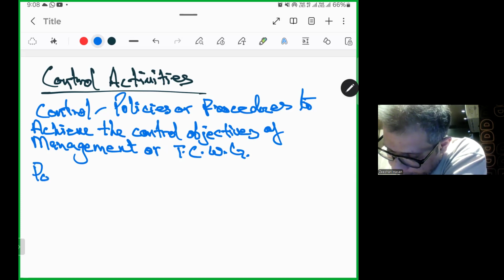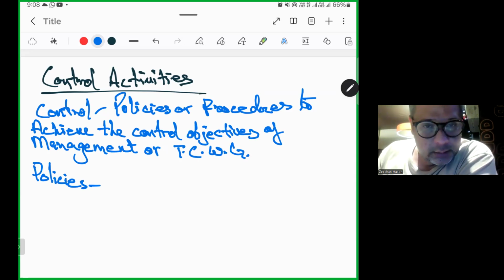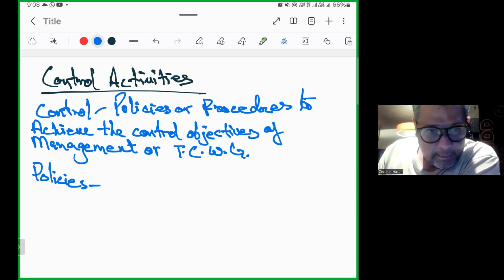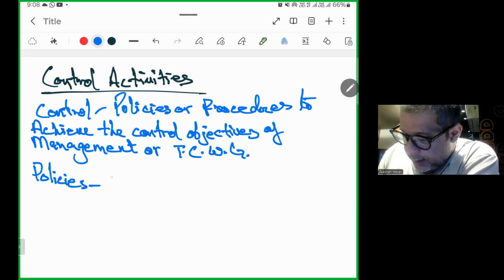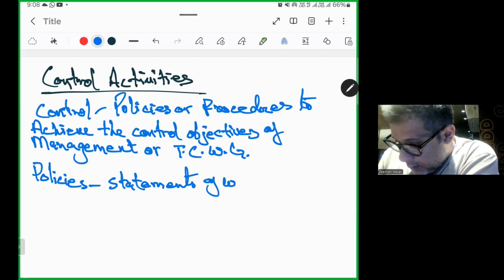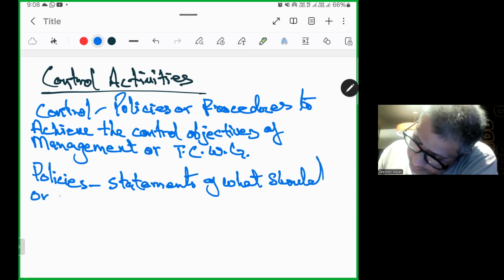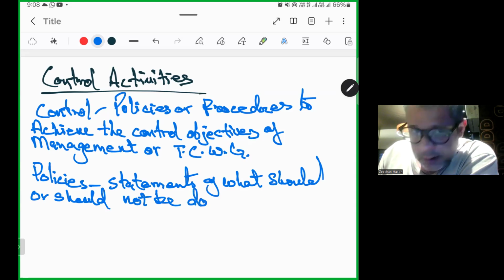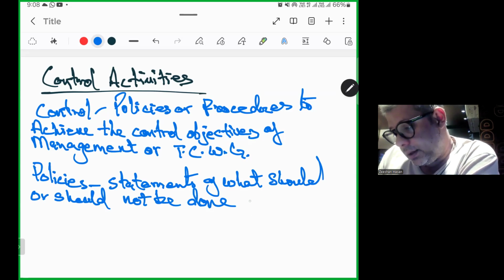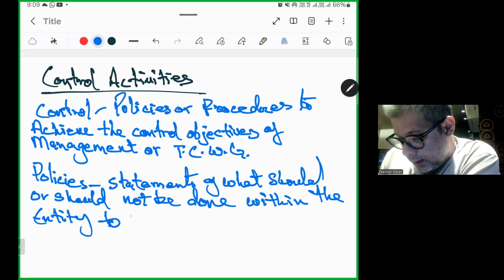Policies: statements of what should or should not be done within the entity to affect control.